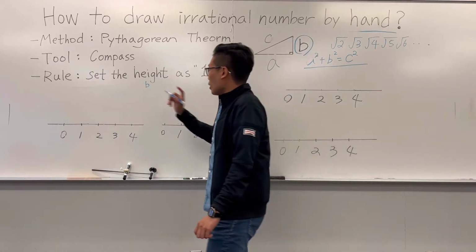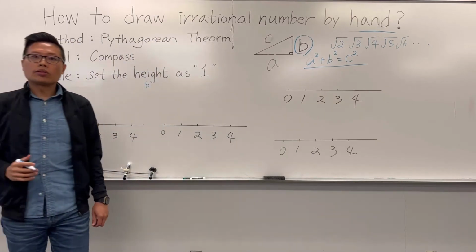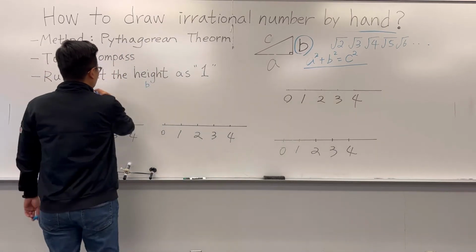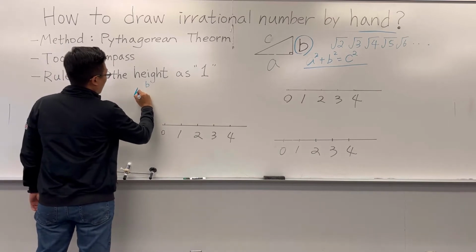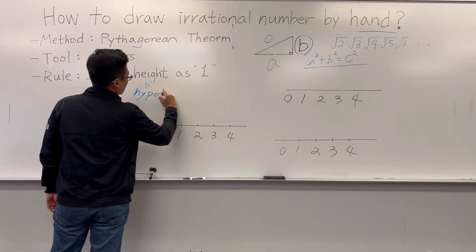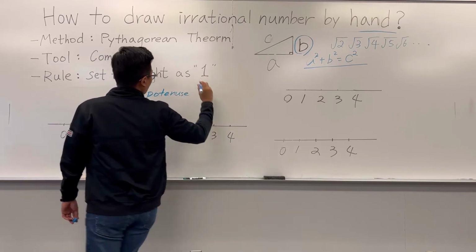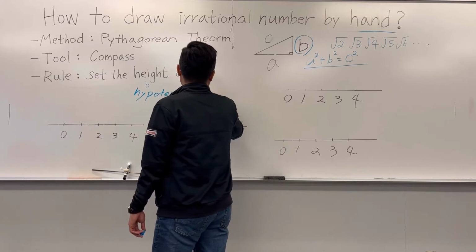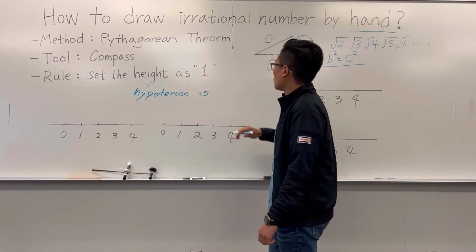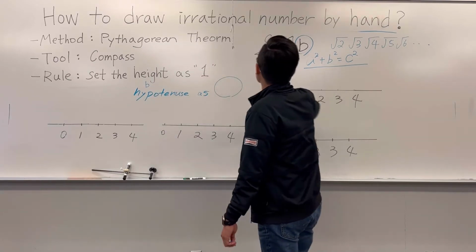Okay, and another rule is about the hypotenuse. So to set the hypotenuse as what? To set the hypotenuse as the number that you are going to draw.